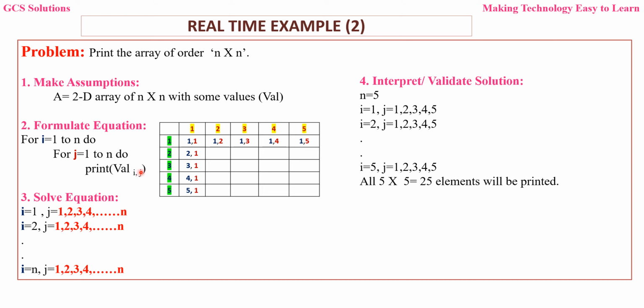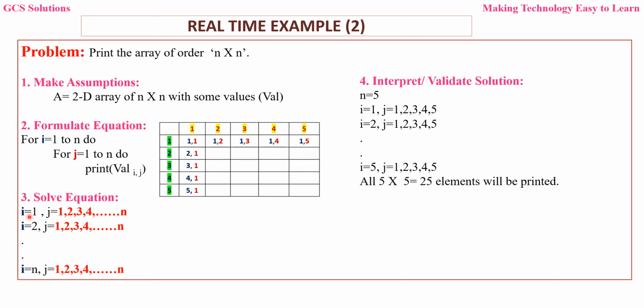So when i is 1, it is row 1, and when j is 1, it is column 1. So it will print the first row, first column value. When my i is 1 and j is 2, it is the first row, second column value. So this way, this equation which I formulated in terms of semi-mathematical statements can be easily used for printing the values of a matrix or array of order n by n.